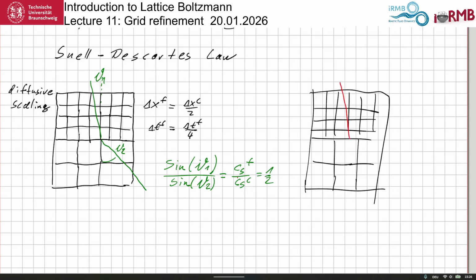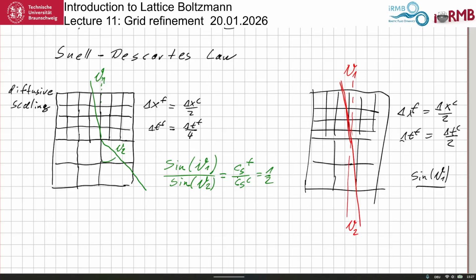In this case, this wave would just go through, and this angle that we have here would just be the same, because we have delta x fine is delta x coarse over two, and delta t fine is delta t coarse over two, which means that sine theta 1 divided by sine theta 2 is c fine divided by c coarse, and this is 1. So we have no reflection on this interface.